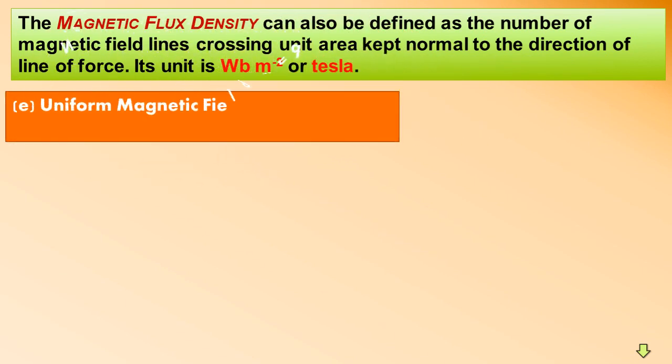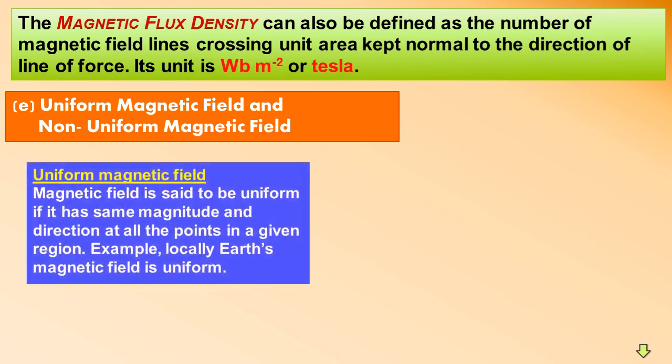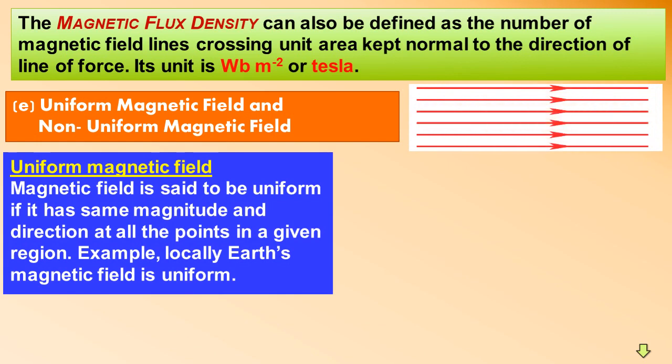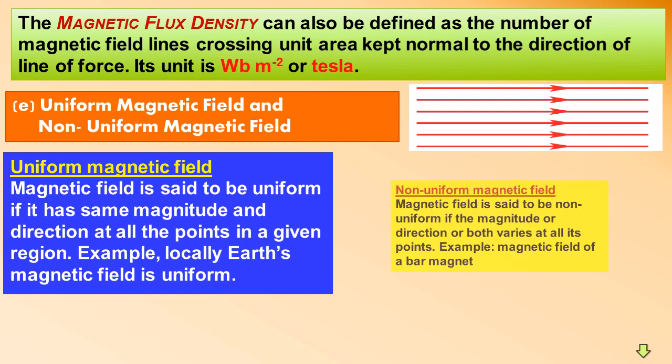And the last point, uniform magnetic field and non-uniform magnetic field. What do we mean by uniform magnetic field? A magnetic field is said to be uniform if it has the same magnitude and the same direction at all points in a given region, like this. Example, locally, Earth's magnetic field is uniform.